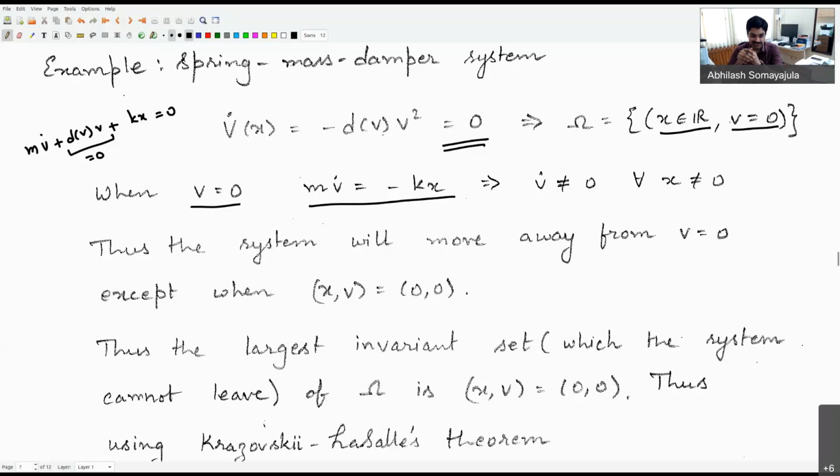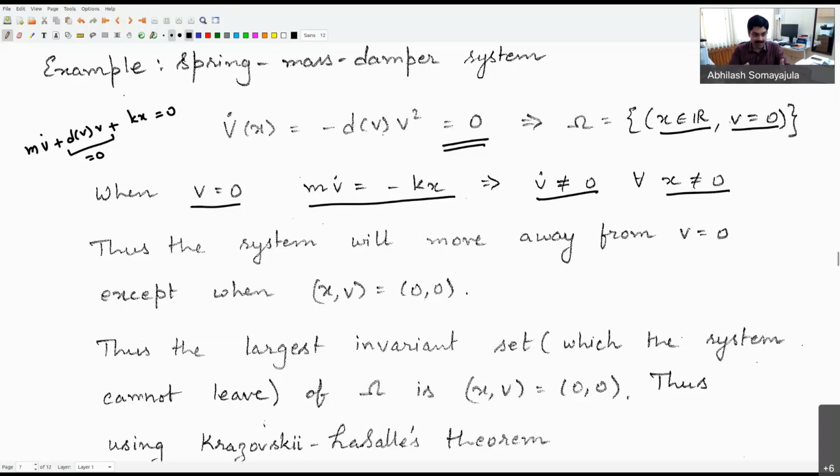Is that making sense? Sir, can you tell it again? Yeah. See, if I'm starting at a point where x is not equal to 0, and this v dot, small v dot, the derivative of velocity, or acceleration, is non-zero, it means that at the next time instant v will no longer be 0.